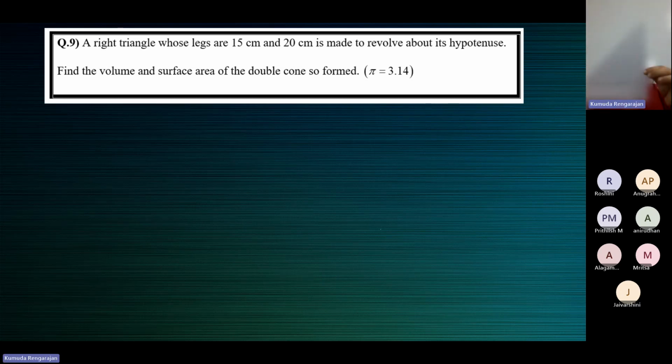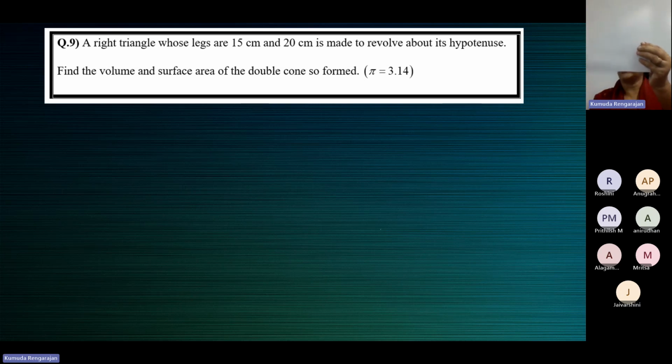So here we have a right triangle. This is one leg, this is the other leg, this is the hypotenuse. Now when you turn this right triangle about this leg, one complete turn, you start like this and you turn and come back to the starting point.